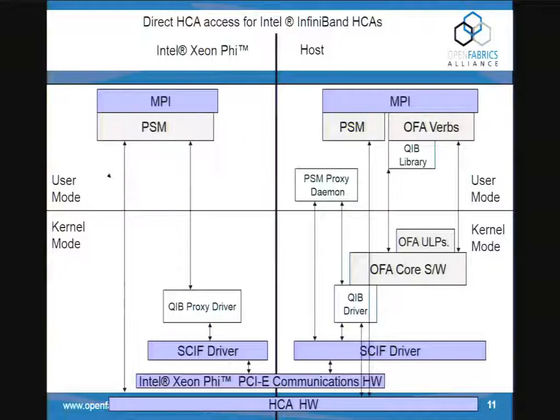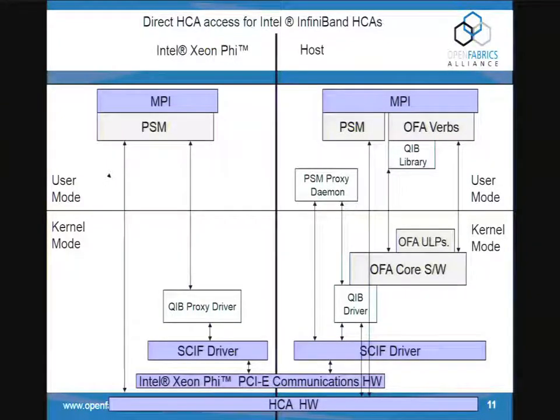So we worked with the TrueScale team, and they implemented essentially the exact same infrastructure that I talked about before, with a proxy driver, a client, and a daemon running on the Xeon, and it does the same thing where it maps the hardware context into the address space of the card. But then instead of going through verbs or DAPL to get to the hardware, it goes through the PSM interfaces.